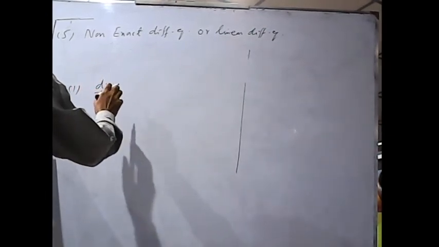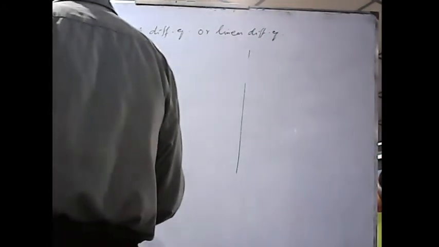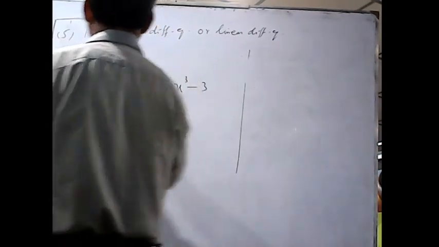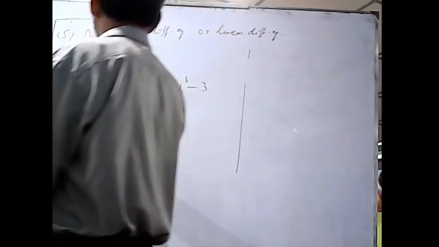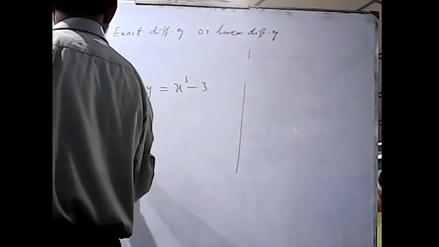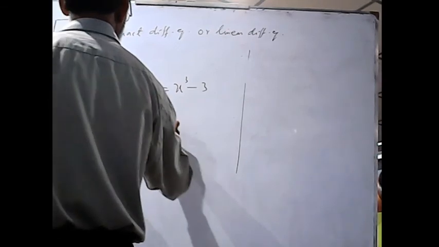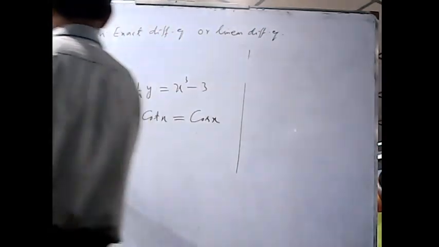Dy by dx plus y times 1 upon x squared is equal to x cubed minus 3. Similarly, dy by dx plus y cot x is equal to cos x.